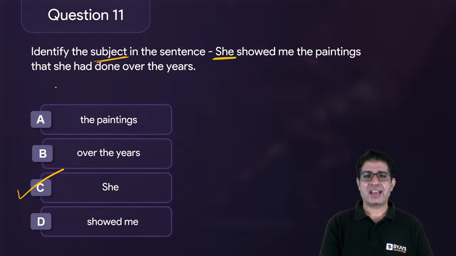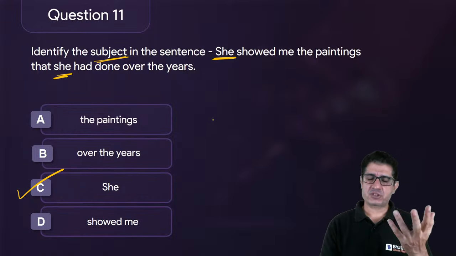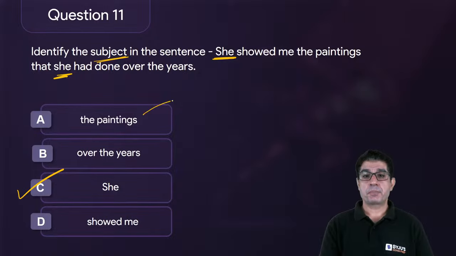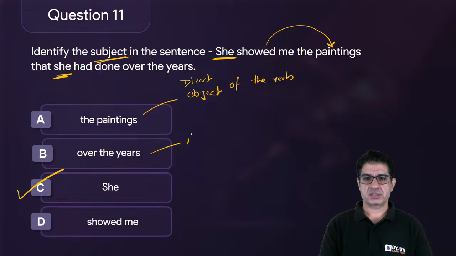This "she" and the other "she," both of these are subjects of their respective clauses. The paintings is an object, and in fact, in this context, I can also say it is the direct object of the verb show. Over the years is an adverb of time.